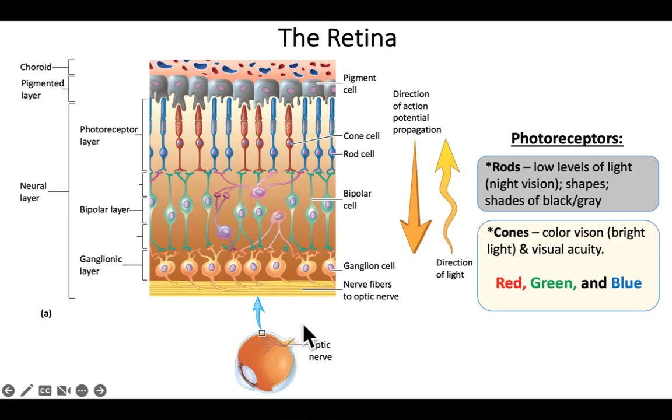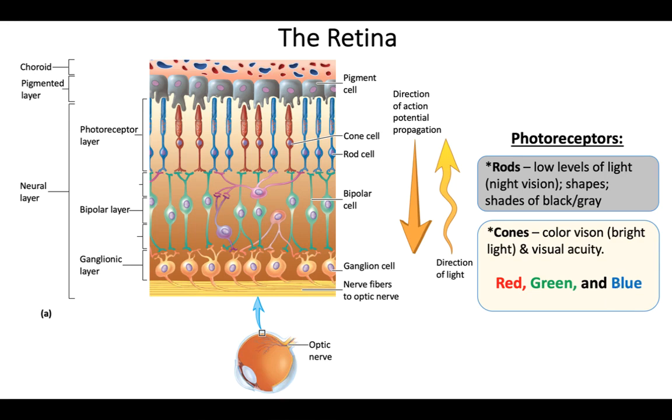All right. These rods and cones, again, the rods are going to be for low levels of light. So we often refer to that as kind of our night vision, but also shapes and shades of black and grays. Whereas your cones come in three flavors. You've got your red cones, your green cones, and your blue cones. So they're much better in the bright light.